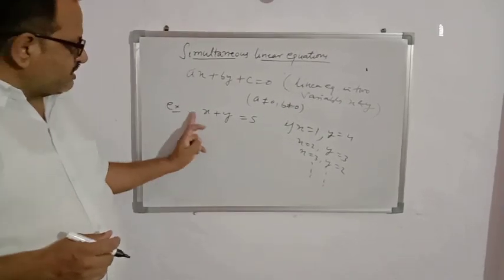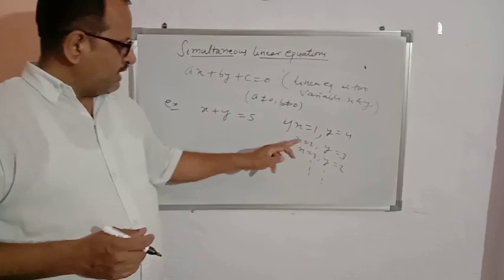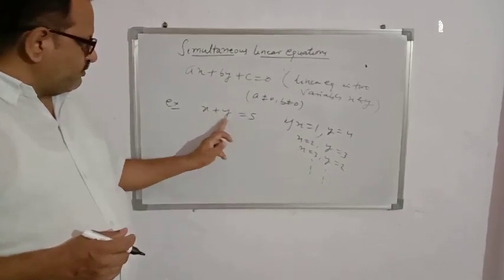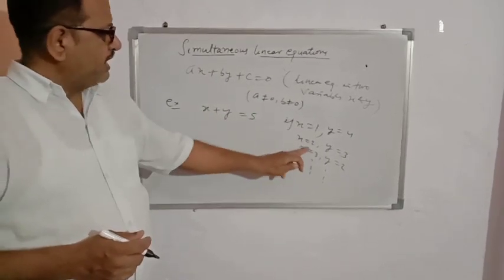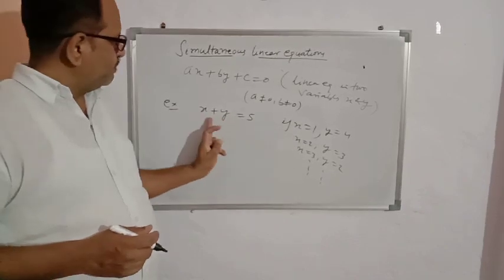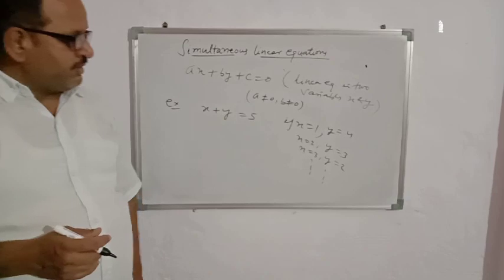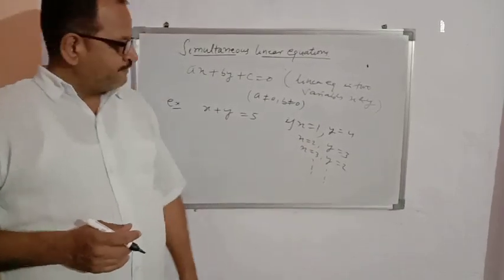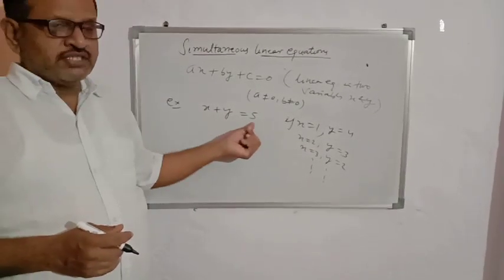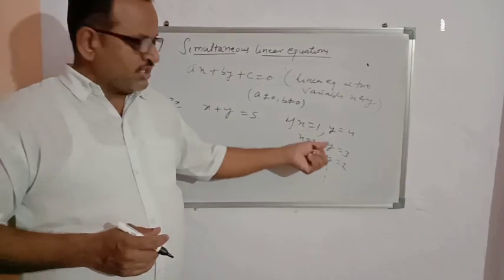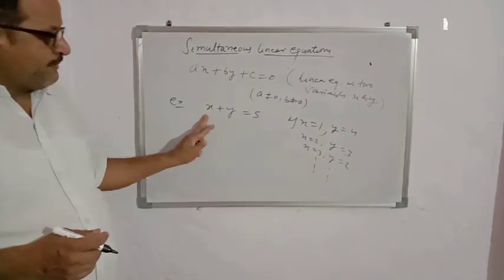If x is equal to 1, transposing 1 to this side, y will be 4. If we put x is equal to 1, y is equal to 4, 1 plus 4, 5 will come. X is equal to 2, y is equal to 3, 2 plus 3, 5 will come. X is equal to 3, y is equal to 2, 3 plus 2, 5 will come. So these values of x and y satisfy the above equation. It means these pairs are solutions of this linear equation.